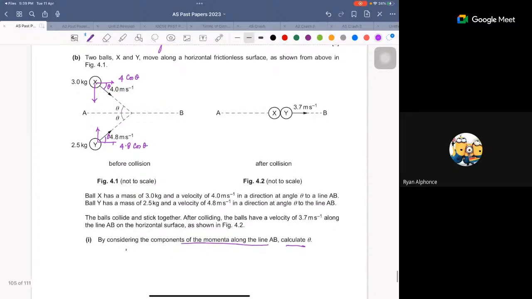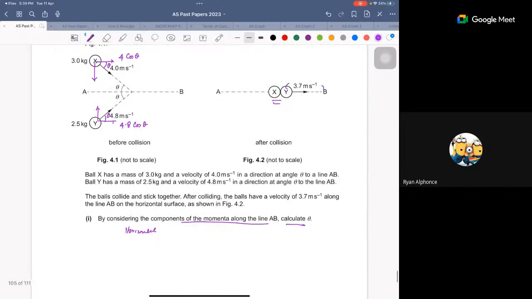Now, for horizontal, we're gonna make the momentum equation. Afterwards, they stick together and move like this. So this is case 2 in the notes if you check. So write m1 u1 plus m2 u2 equals m1 v1 plus m2 v2, and take this side as positive, this side as negative.